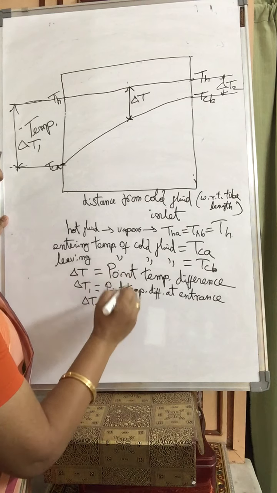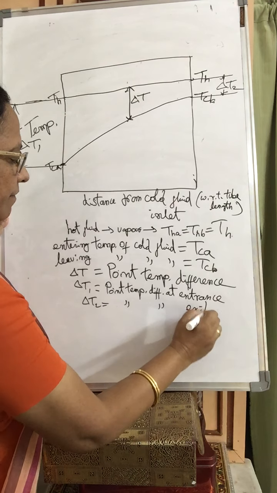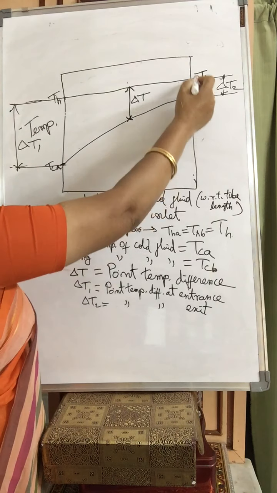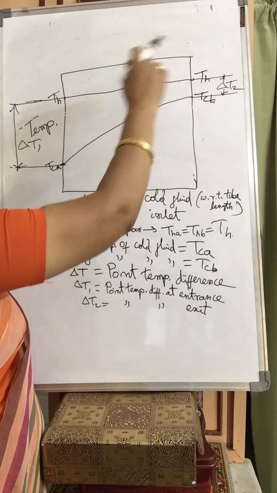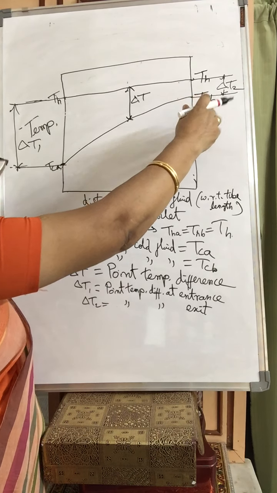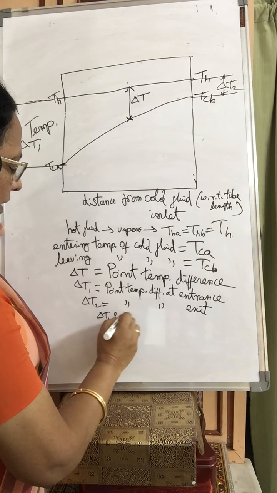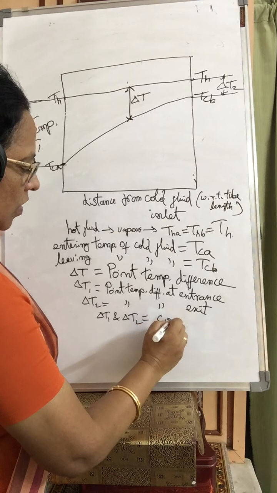Delta T2 is equal to the point temperature difference at exit. So here delta T1, here delta T2. Delta T1 is fixed, delta T2 is also fixed. That means delta T1 and delta T2 are constant values.